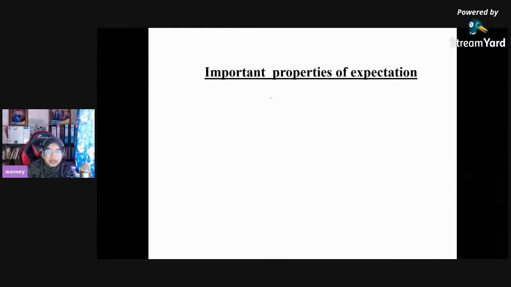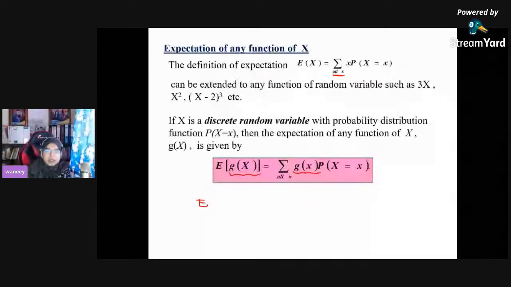There are a few properties of expectation that we have to remember. But I should remind you one thing. Expectation of x is equal to the sum of x P(X = x). So if you have expectation of x squared, this is simply the summation of x squared multiplied with P(X = x).